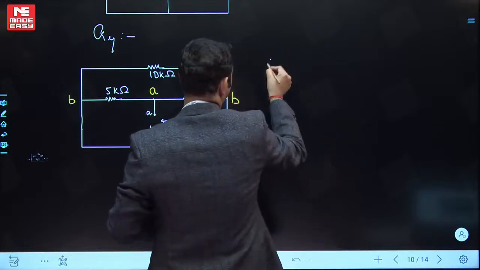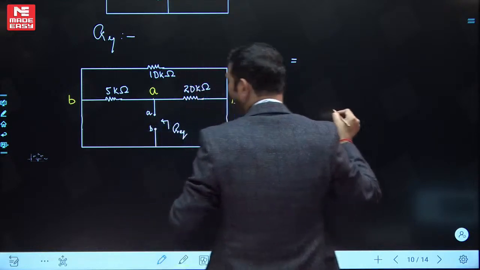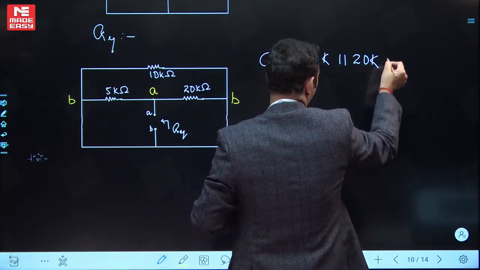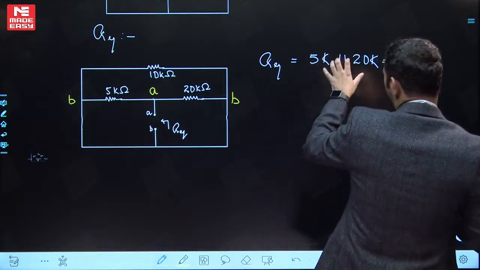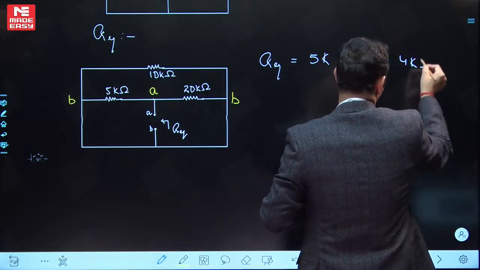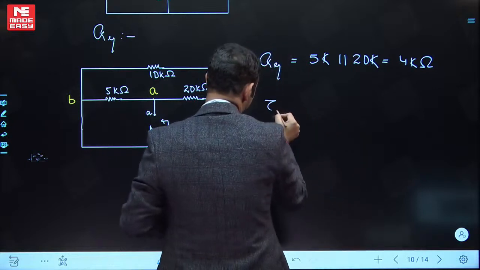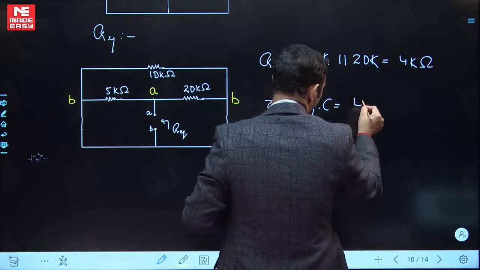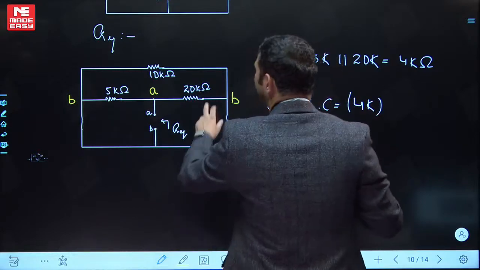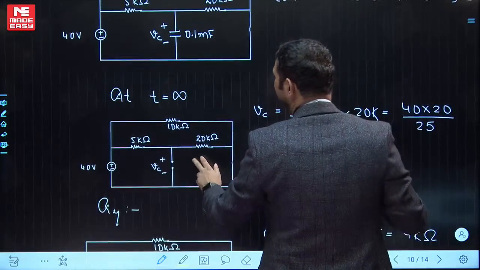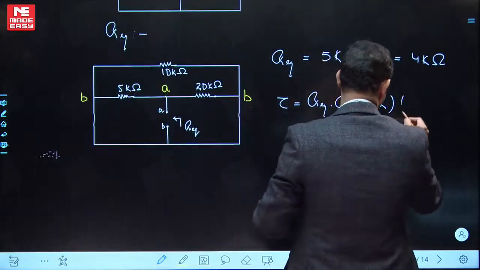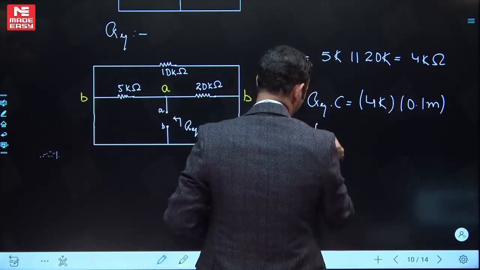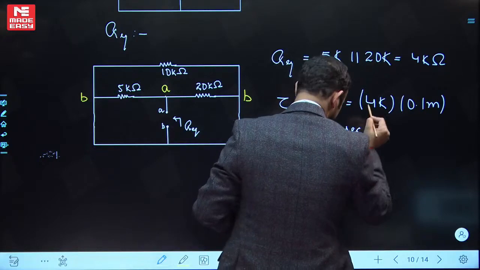So R equivalent will be 5k connected in parallel with 20k, which is 100 by 25, 4 kilo ohms. Therefore, the time constant, R equivalent into C, is 4k multiplied by 0.1 milli, which is 0.4 seconds.